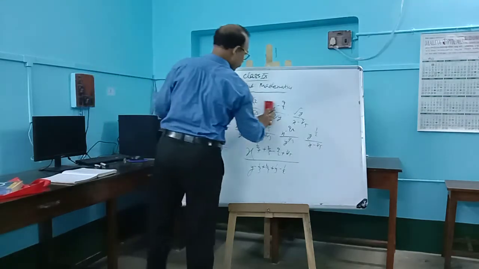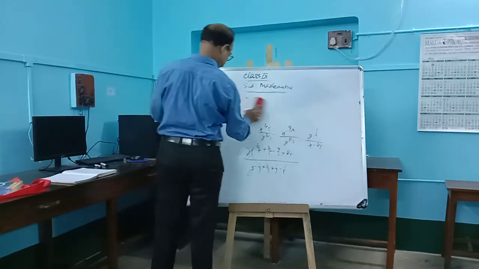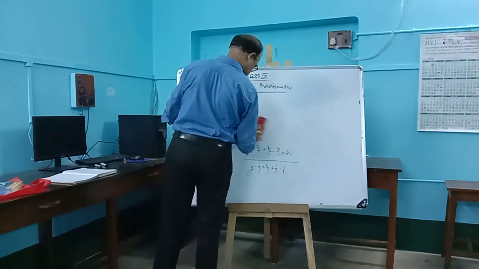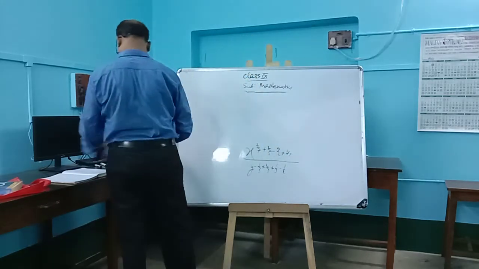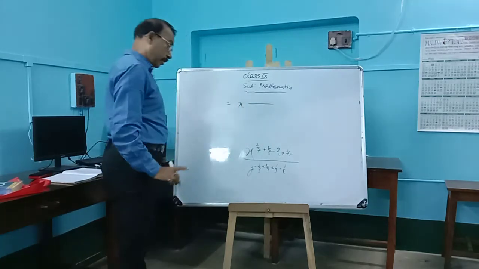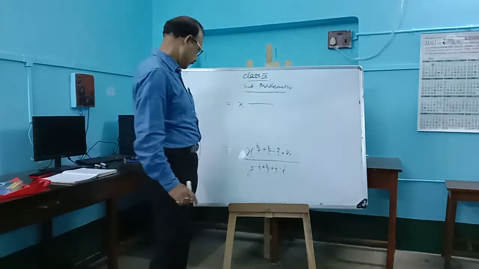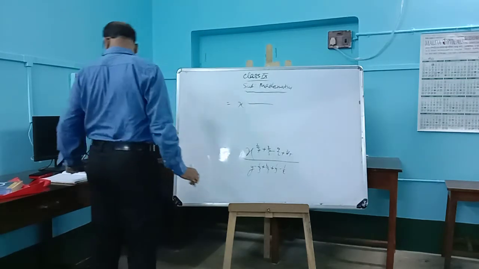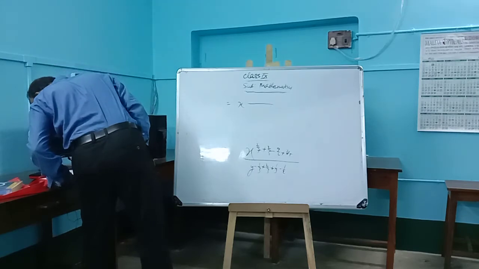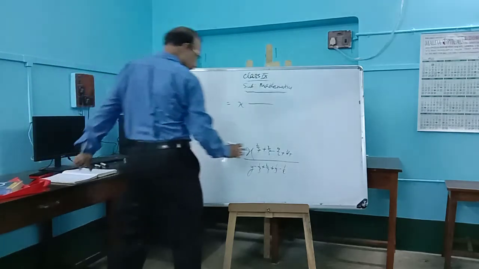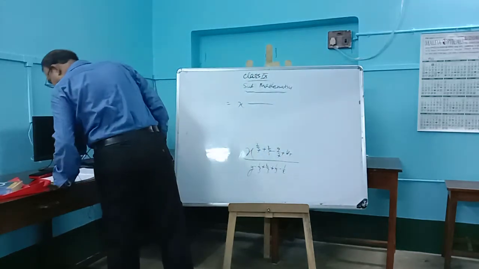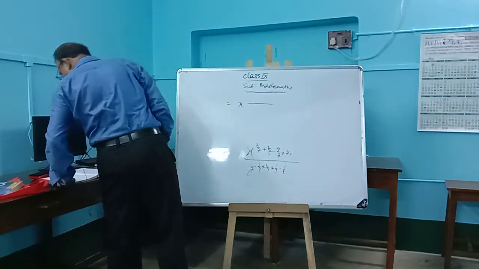This form: x to the power, they all are powers. Nine by 7 is there, minus 9 by 7.